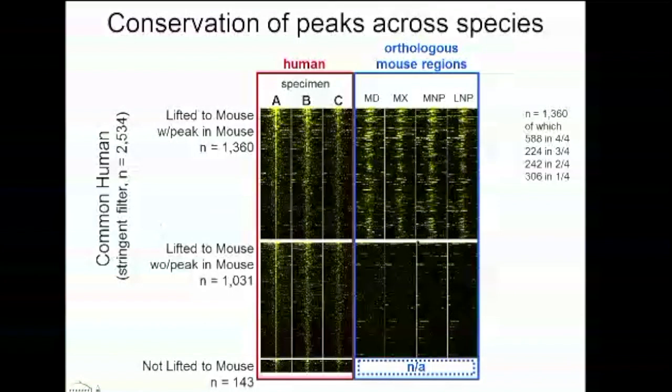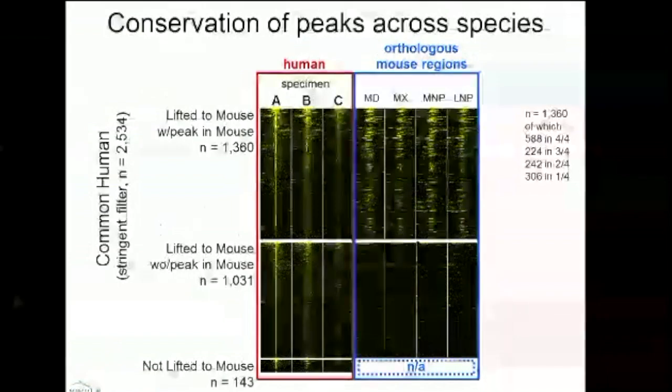So you're referring to these or to these? Comparing the left side and the right side. Yes. So you see on the right side the orthologous mouse regions, but you cannot find something in your data, right? Yes.